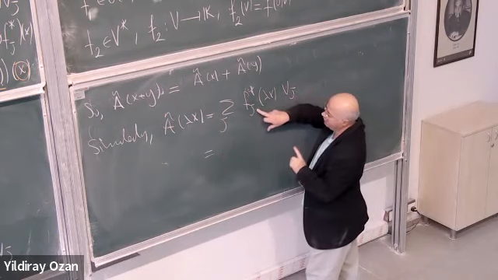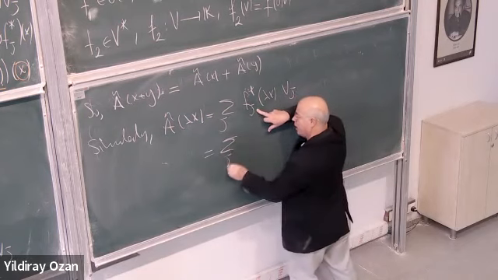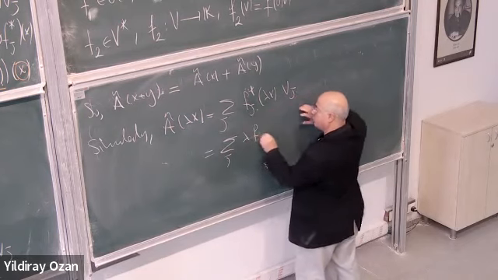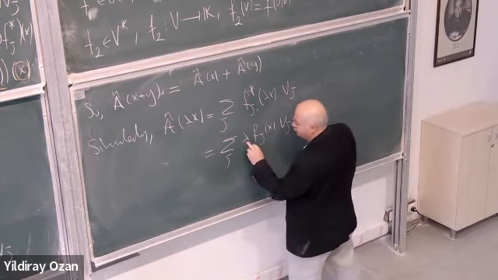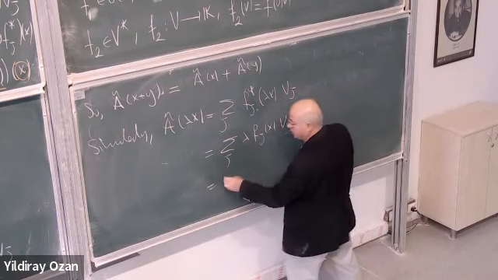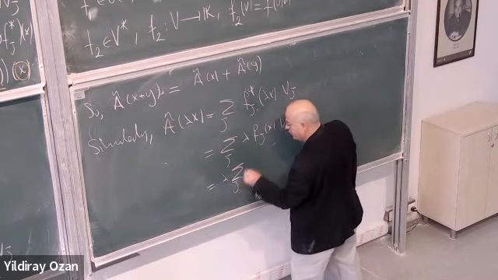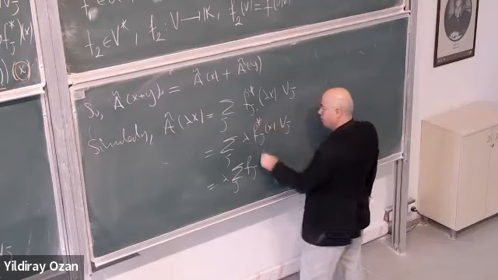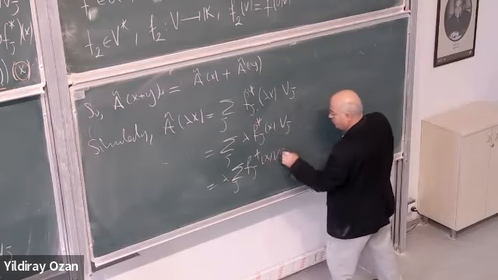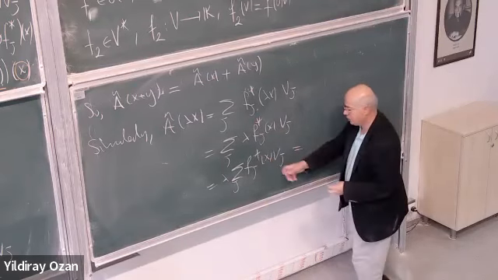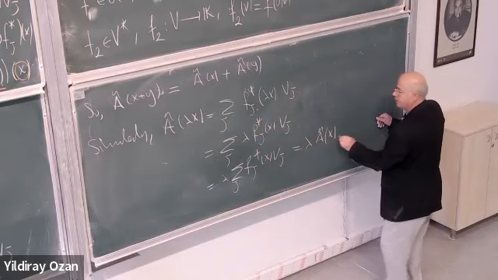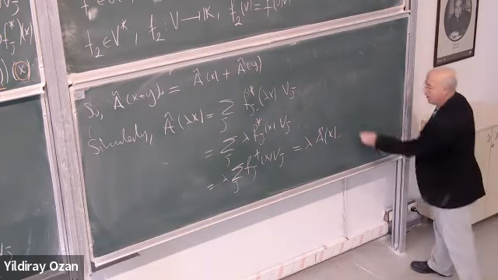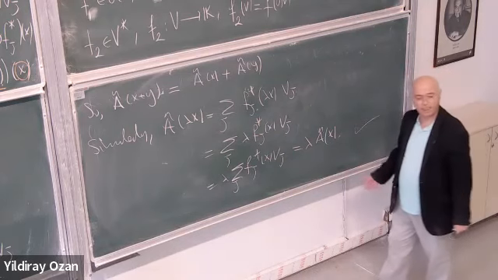But since Fj is linear, I can take lambda out, and actually I can take lambda outside the summation. But what is this? This is just lambda times A hat of X. So A hat is linear.